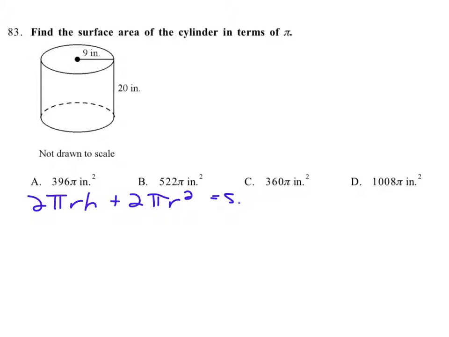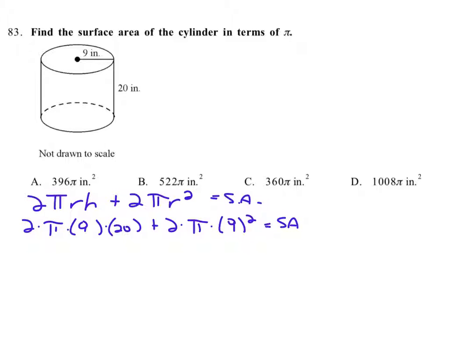And that will equal the surface area. We're going to plug in the numbers that we know. 2 times pi times the radius we know to be 9 times the height we know to be 20. We're going to add to that 2 times pi times the radius of 9 squared, and that's going to equal the surface area.